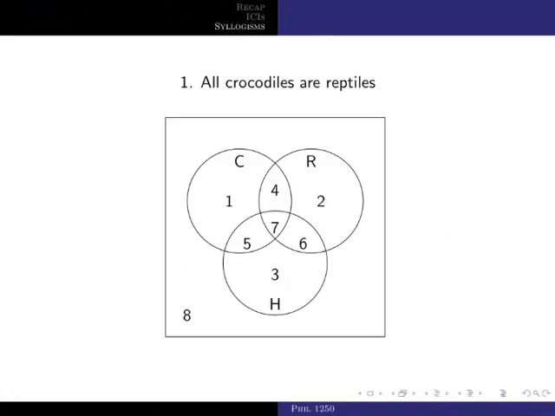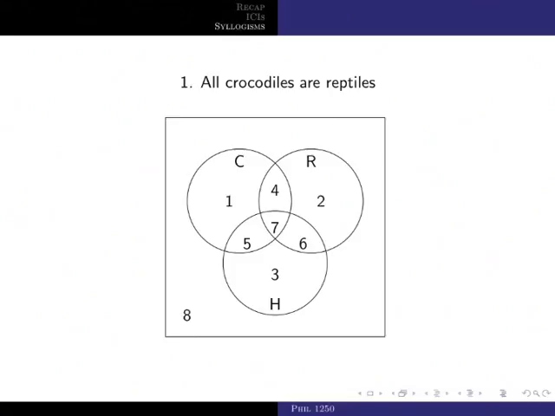So let's represent our first premise in the Venn diagram. This is a proposition in the form all S are P. Remember that our procedure for representing all S are P was to shade the area of S that did not overlap with P. We did that to indicate that that area was empty.